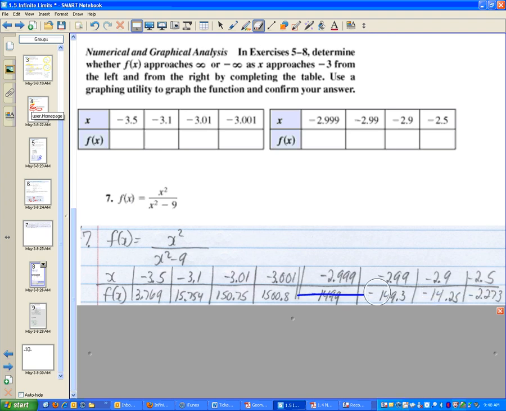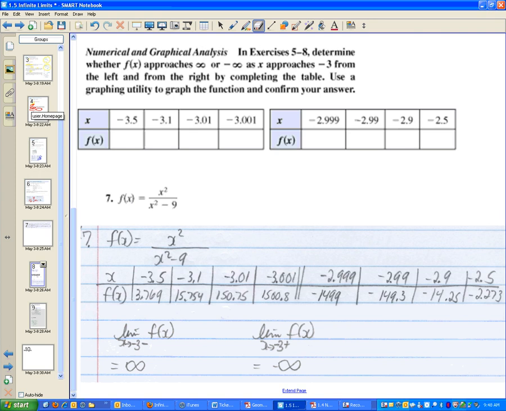Negative 2.5, negative 2.9, negative 2.99, negative 2.999. Everybody get something heading towards negative infinity? All right, then write out your conclusion. Our conclusion is the limit of f of x as x approaches negative 3 from the left equals infinity. And the limit of f of x as x approaches negative 3 from the right equals negative infinity.